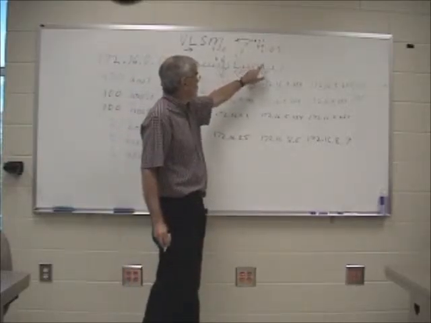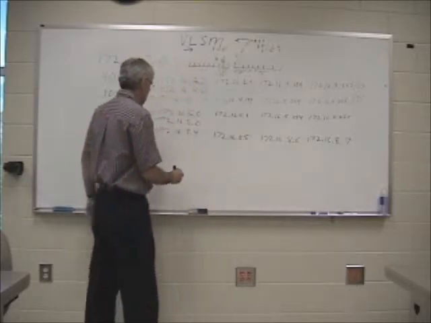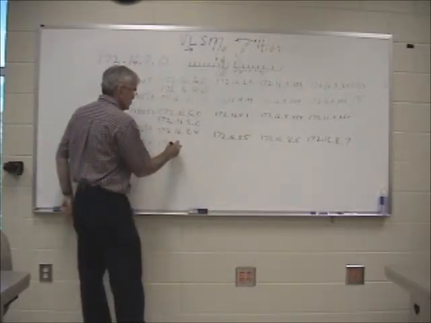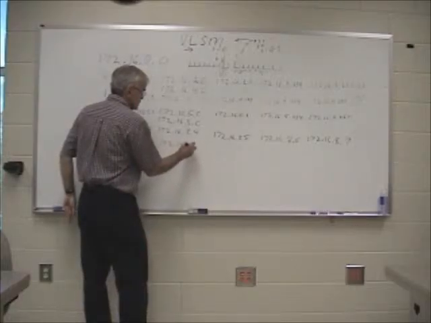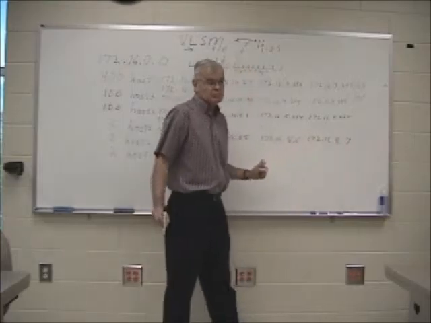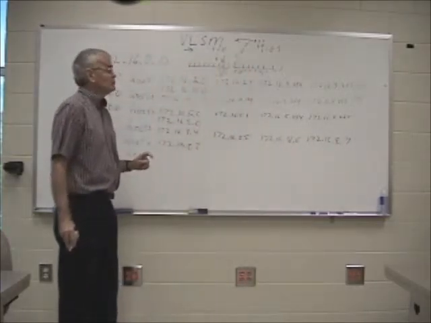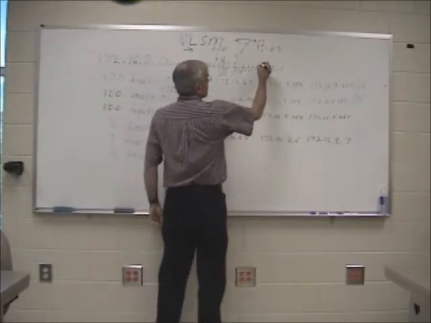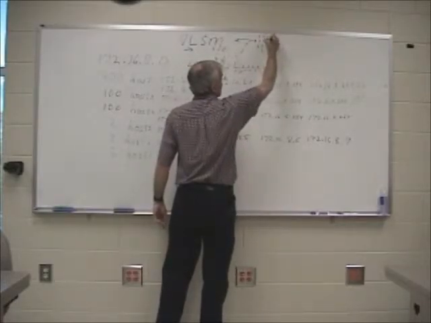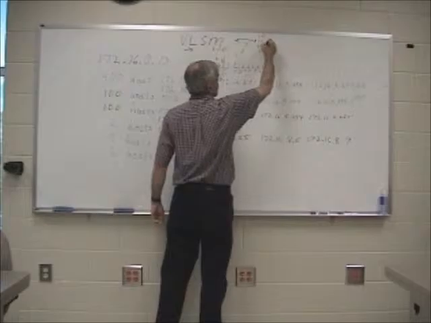So now we're going to go for 1 in the 8s. So we're going to have 172.16.8.8. Which notice is the next number from this one for the subnet. So what we're doing there is we're putting a 1 in the 8s column and a 0 in that one, which is this one right here.